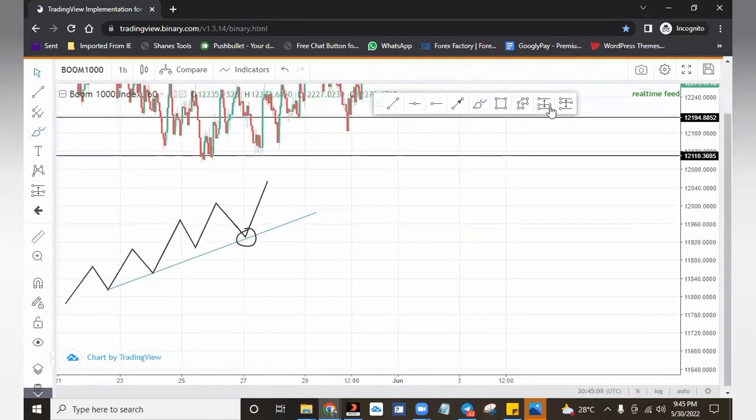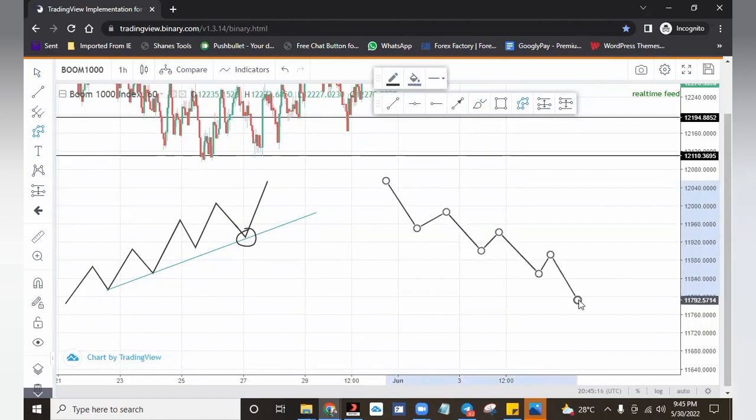For a bearish trend, when price is creating lower lows and lower highs, you want to bring out your trend line. You have to bring it from the top, not from beneath this time. Notice, because it's a downtrend, from the top you drag it all the way down.